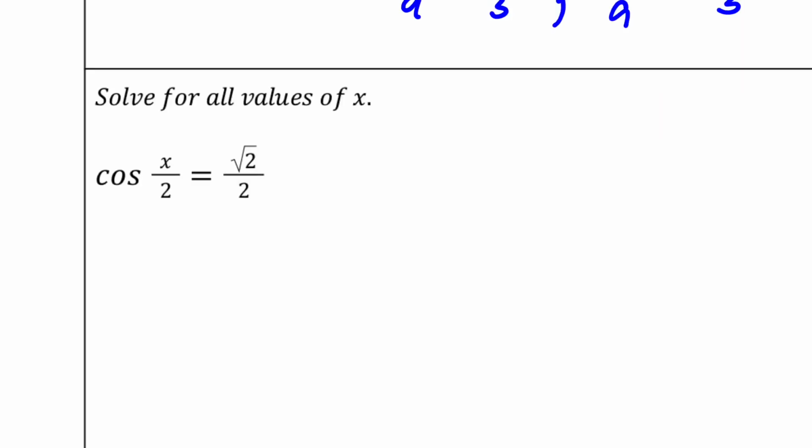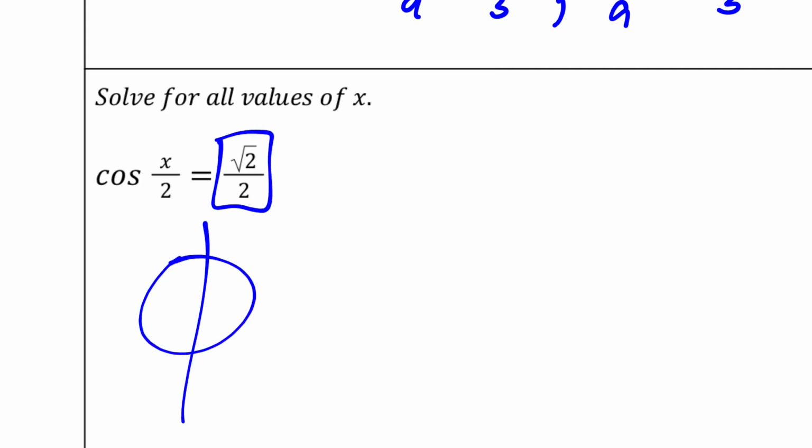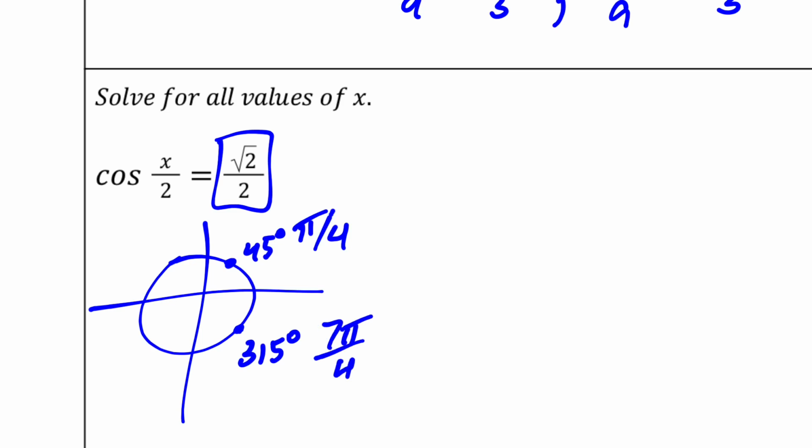So for this one, we can probably start directly looking for where on the unit circle do we see root 2 over 2. And if you look, that's going to show up here at 45 degrees and here at negative 45 or 315 degrees. The equivalents are pi over 4 and 7 pi over 4.